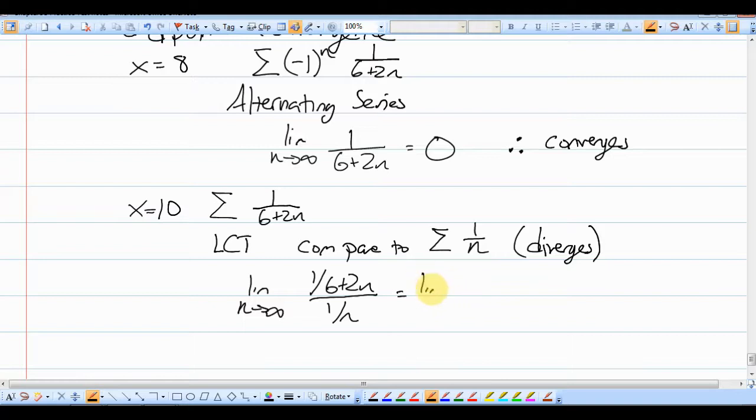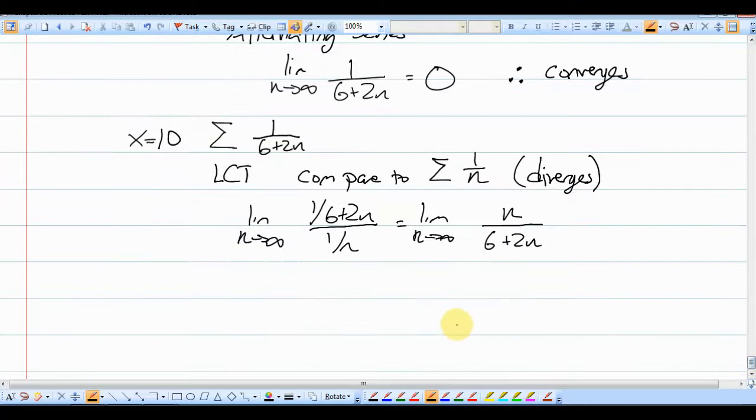That's equal to the limit of n over 6 plus 2n. There are many ways to do it. You can look at the lead term: it's n over 2n, and you can simplify the lead terms. That's 1/2. You can use L'Hopital's rule, 1 over 2. Either way you do it, you're going to get 1/2. So therefore this series diverges.